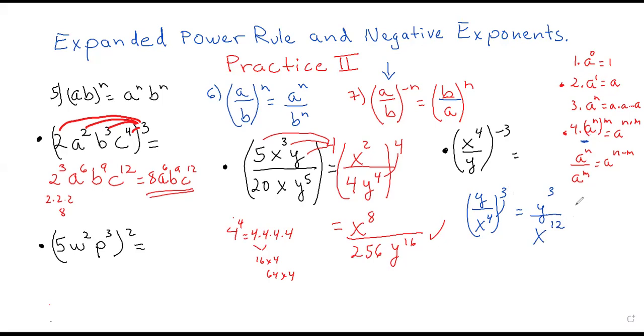Let's do some other examples for this expanded power rule. Let's see, if I have 5 w squared b to the third, all to the second.